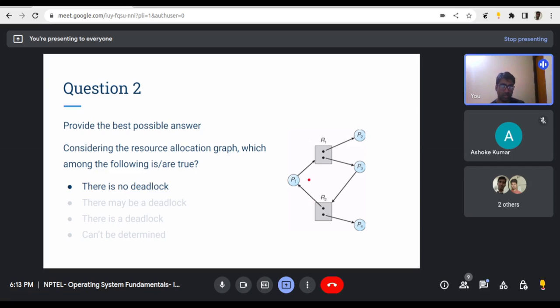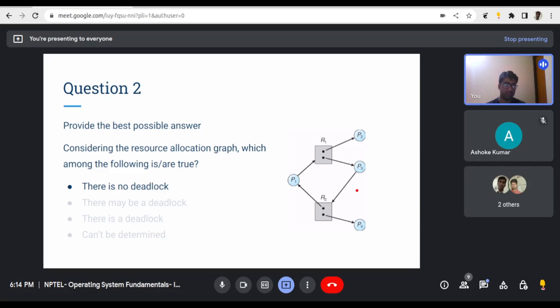So if we consider an infinite amount of time, at some point P2 will complete and P4 will complete, and that leads to P1 being completed and P3 also being ultimately completed. So there is no deadlock.